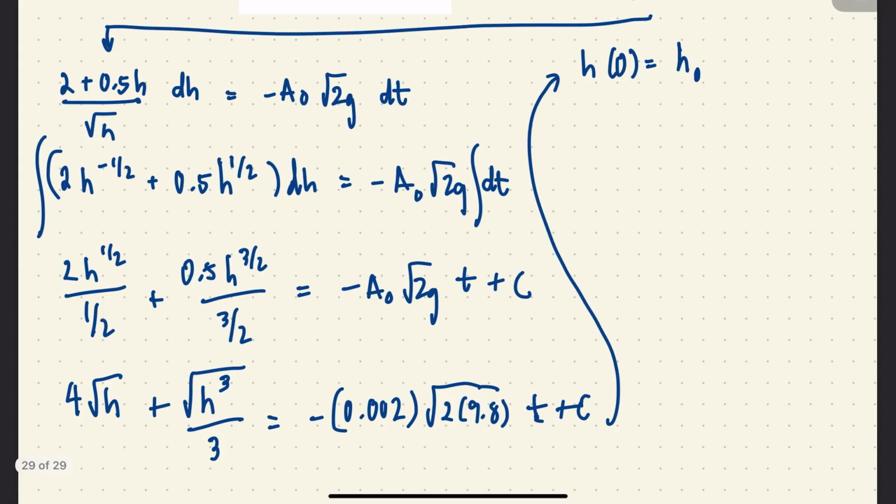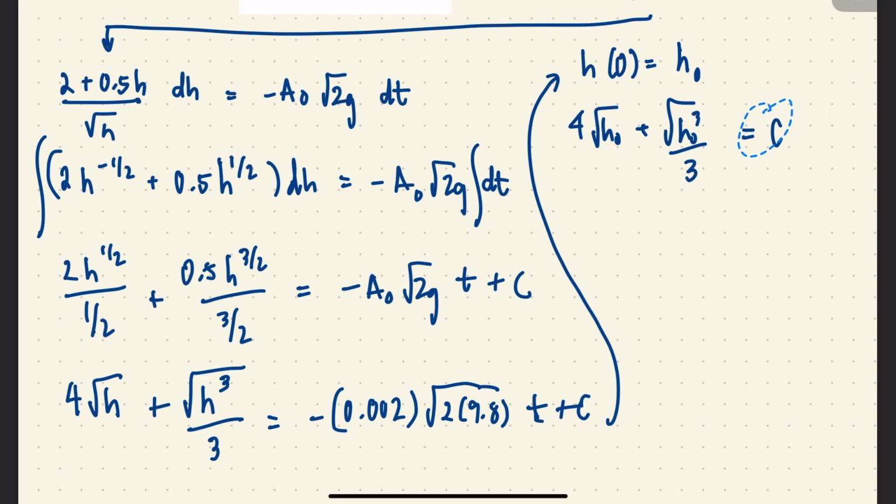So in this case, at t0, your c will just be equal to 4 square root of h sub o plus square root of h sub o cubed over 3.